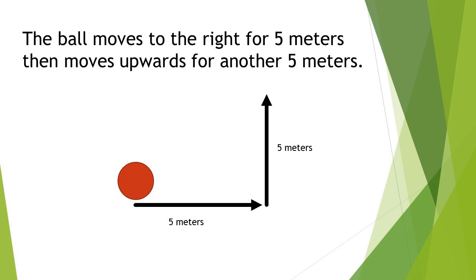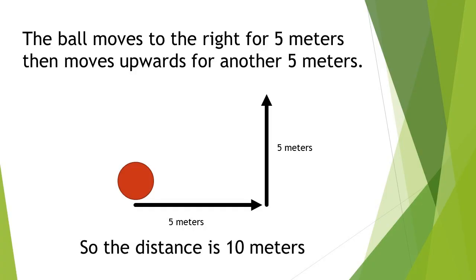That's it. How about this? How about if the ball moves here for 5 meters and it moves upwards for 5 meters? What would be its distance and displacement? Okay, first, distance. 5 meters plus 5 meters, the distance is 10 meters. How about the displacement?